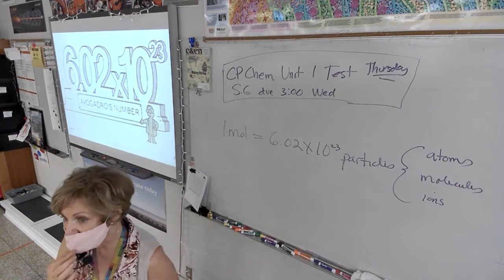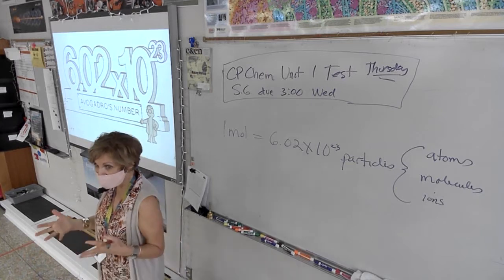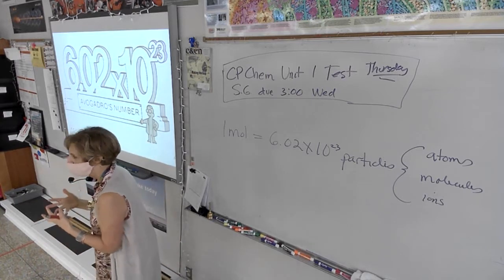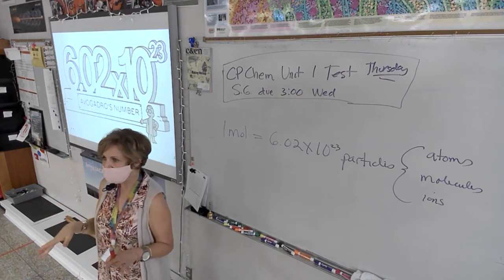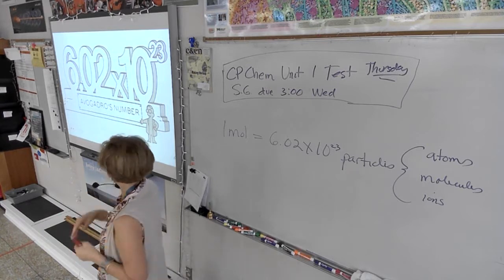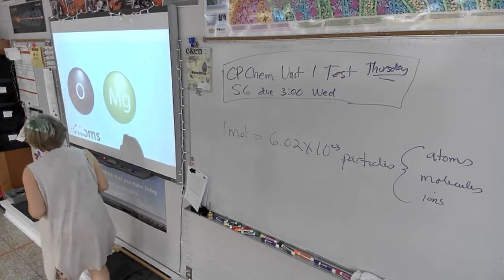It is a famous number just like pi. We call it Avogadro's number after a dude named Avogadro, who is a very interesting looking guy from way back when. So I'll show you a picture of him later, you'll agree with me.